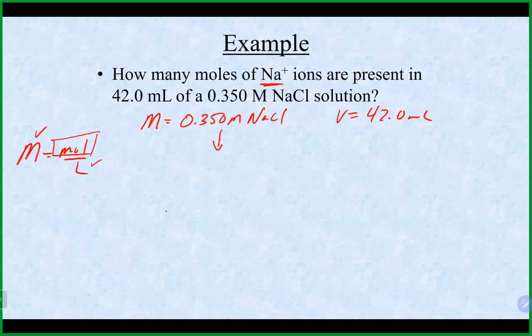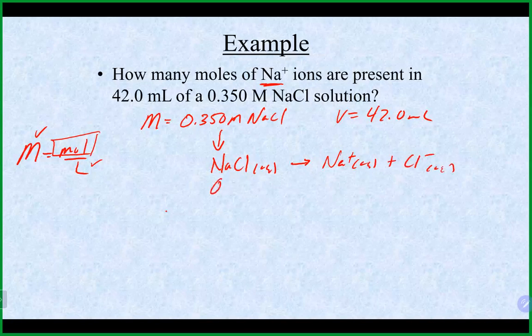As we just talked about, we will know hopefully that sodium chloride will break apart into a sodium ion and a chloride ion, which means that if this is 0.35 molar, it is a 1 to 1 relationship between those two, which means the sodium will also be 0.35 molar.